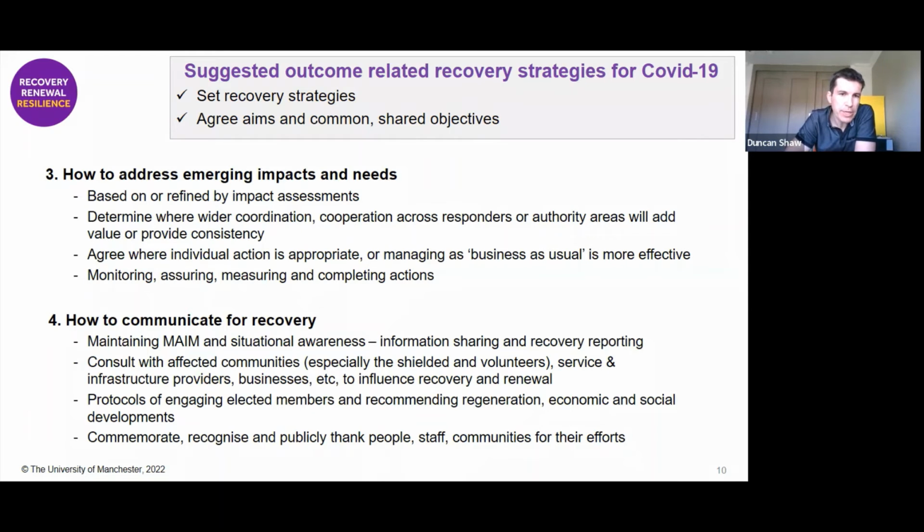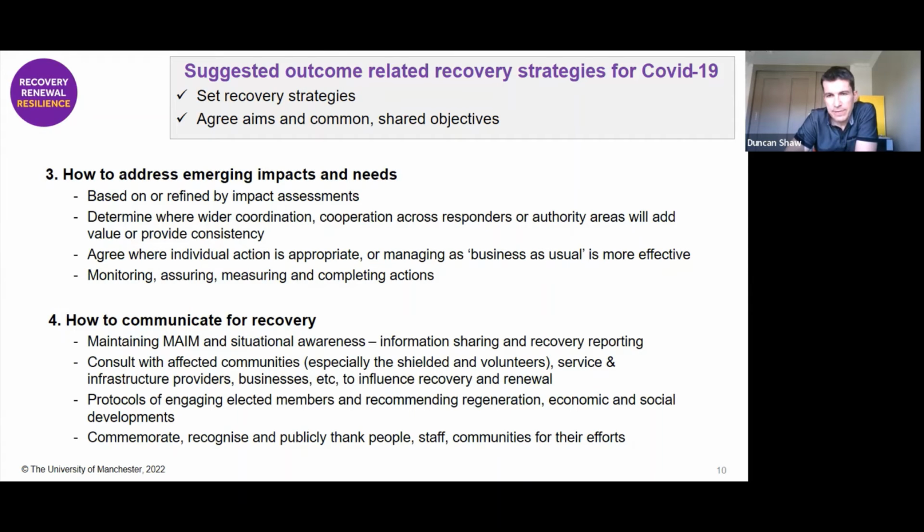And so that's about bringing information into the partnership about what affected communities actually think and feel, and how you can take that into account in a manner of co-production. It's about engaging with elected members, so engaging with officials that might not normally be in those conversations, and finding out what their priorities are within their democratic structures, and starting to make recommendations around regeneration, around economic and social development.